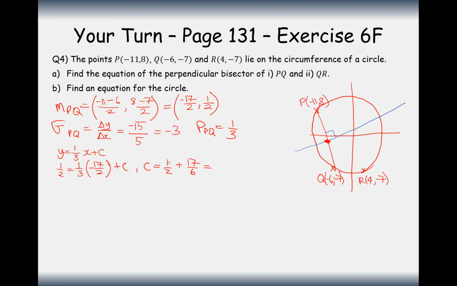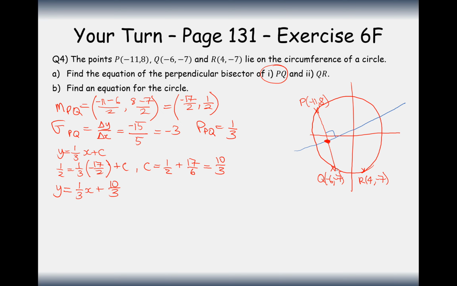So this is going to be the same as 3/6 add 17/6, that's 20/6, which simplifies to 10/3. So that's the value for c. So our equation is going to be y equals a third x plus 10/3. Perfect, so that's the answer to part I.